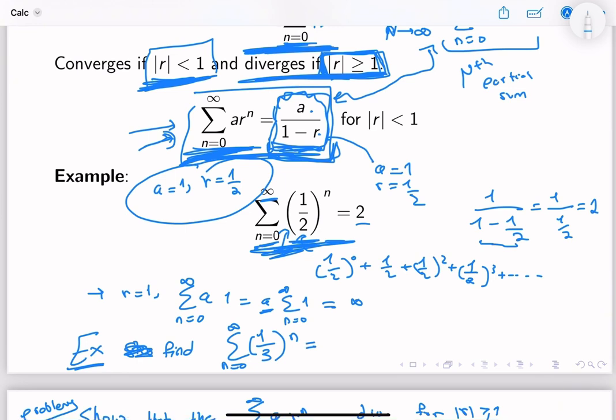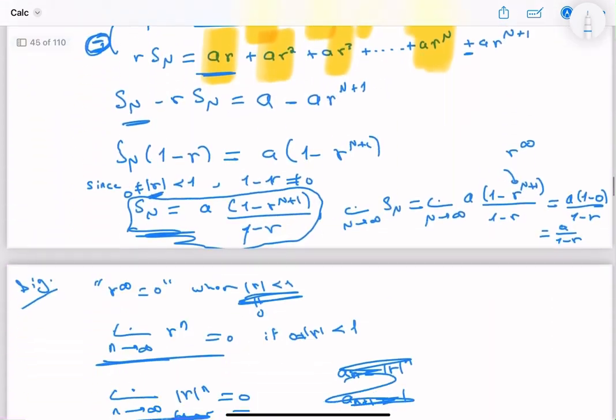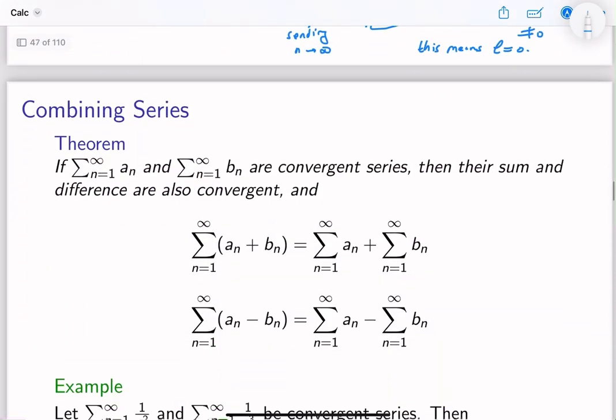Maybe I should tell you, this is just 3 over 2 actually. So I'm gonna just leave it as an exercise for you to plug the a and the r of this series in this formula and verify that it should be this number, right? So this is what's so-called geometric series.